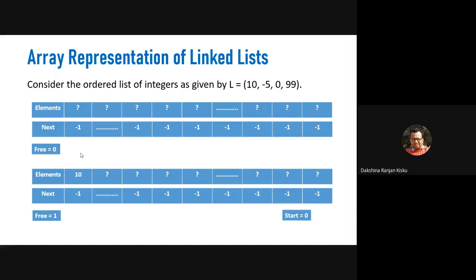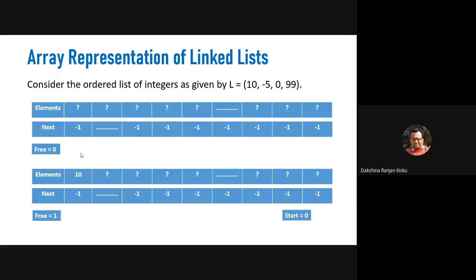Then start becomes 3, because the list starts from the third index, therefore the value of the start variable becomes 3.